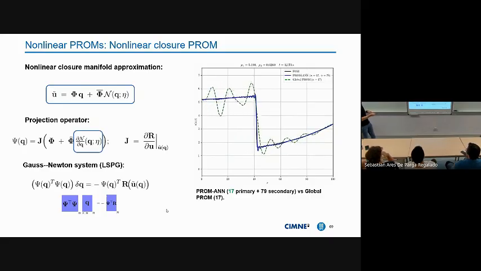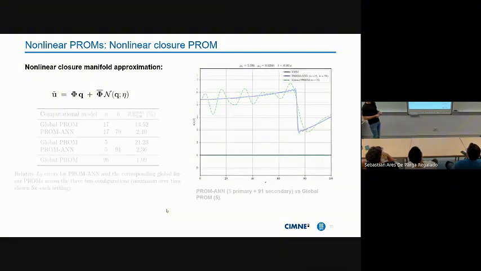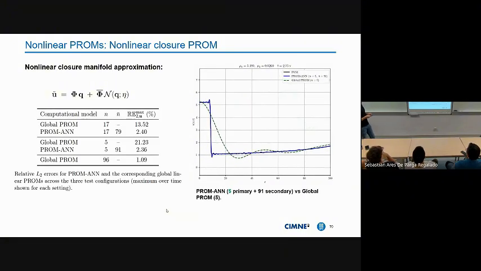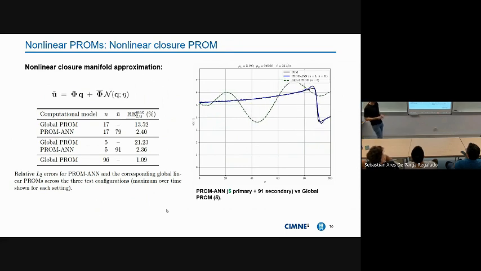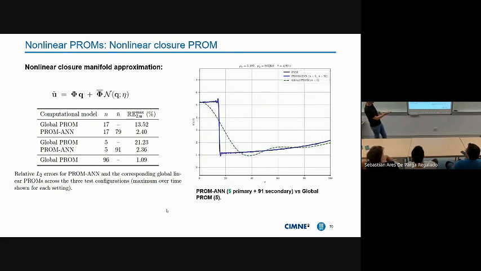So the 79 secondary modes is like a post-process per se. Now, you can even go further than 17 modes, so I was just trying to show you that it matches that of the piecewise linear manifold.